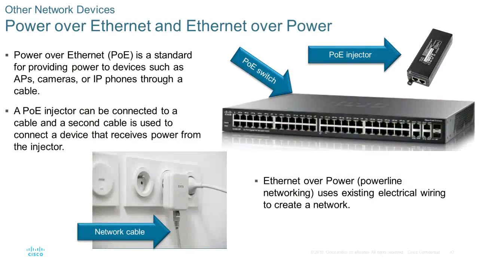So we can put a power point next to them and a power pack for the access point, or we can use a power over Ethernet injector, which is either built into the switch or a separate power pack, and we can inject power into the cable.